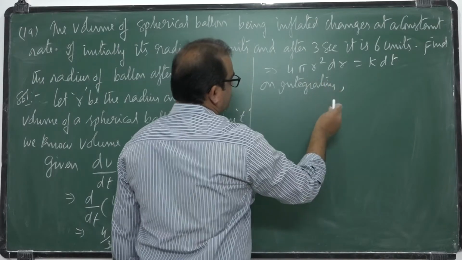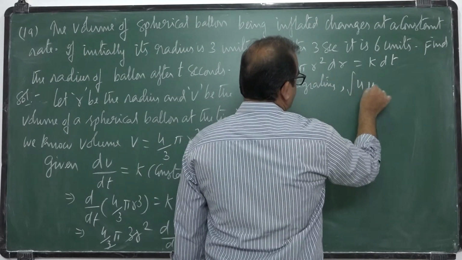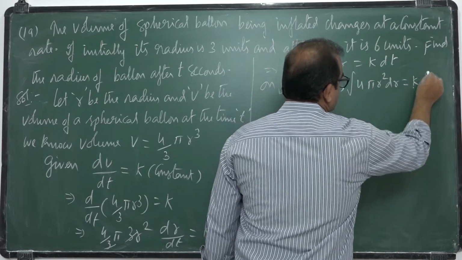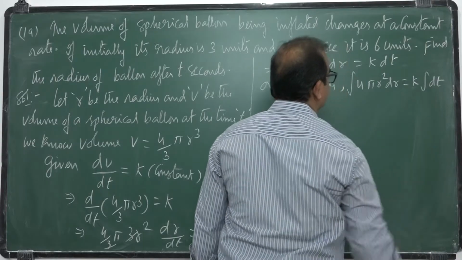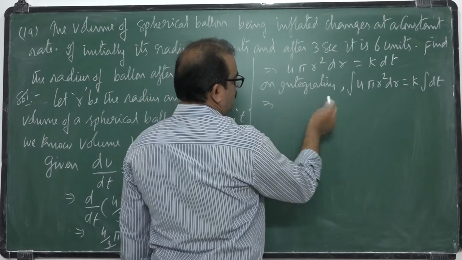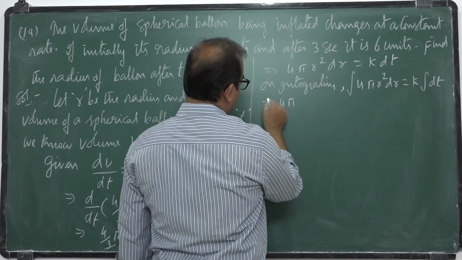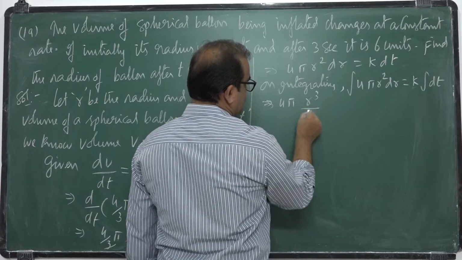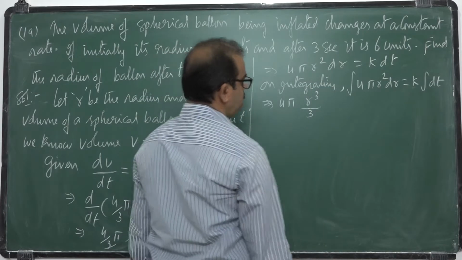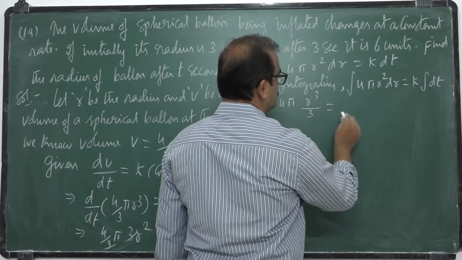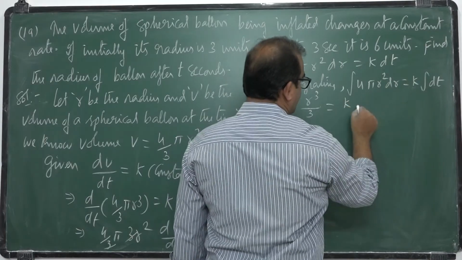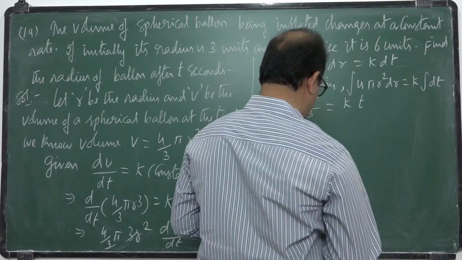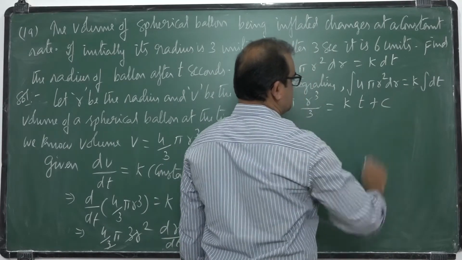Integral of 4 pi r square dr is equal to k into integral of dt. 4 pi into integral r square dr, that is r cube by 3, is equal to k into integral 1 dt, that is t, plus c.